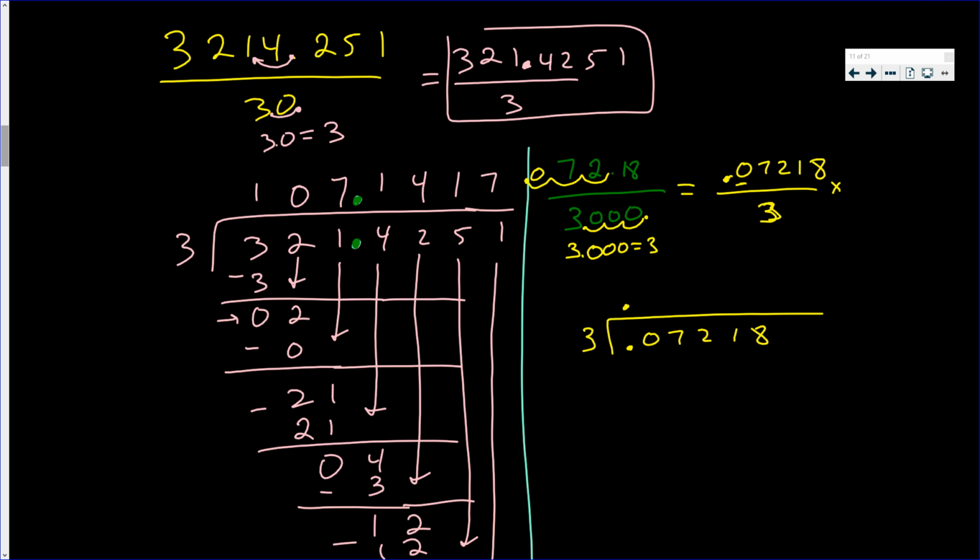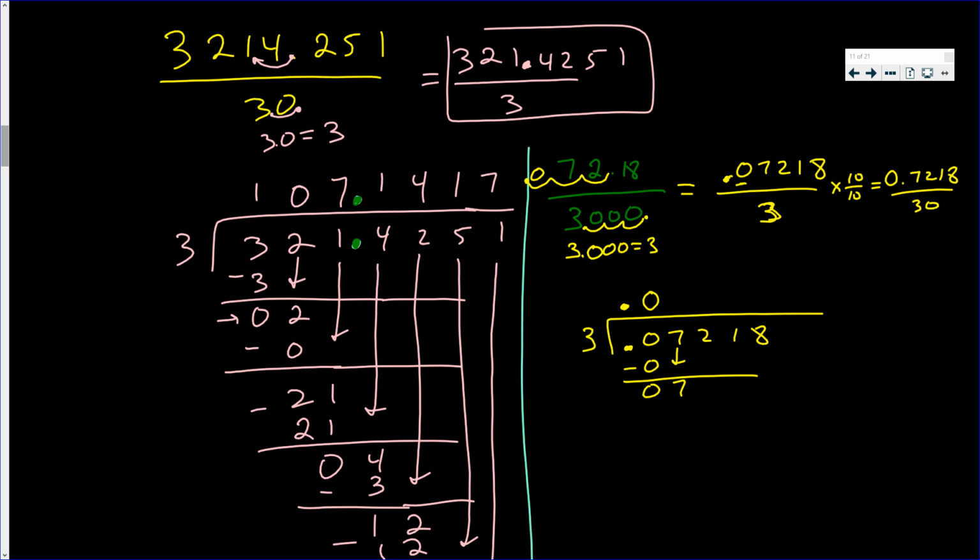If I multiply this number by 10 over 10, then I would get 0.7218 divided by 30. Then I can deal with not putting the decimal. But putting the decimal at the beginning is not in the middle. Just put it, be done. 3 goes into 0, 0 times. I subtract 0, I get 0.